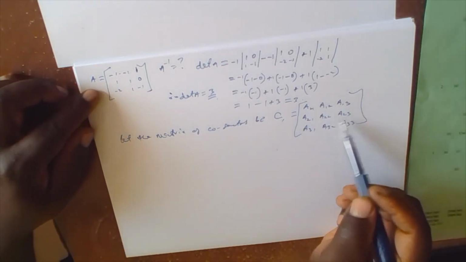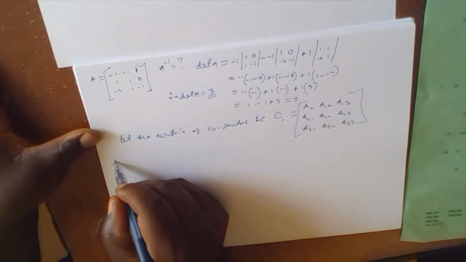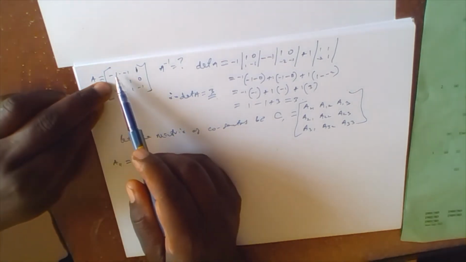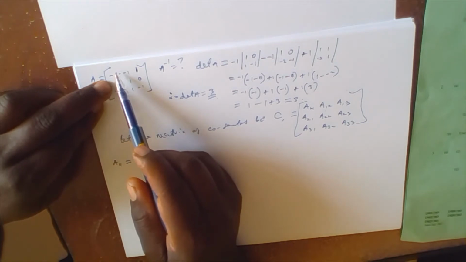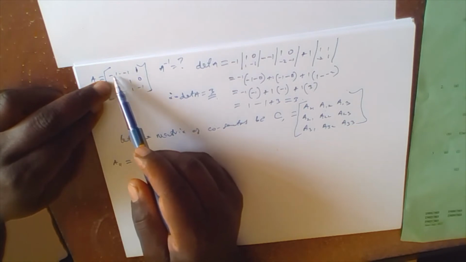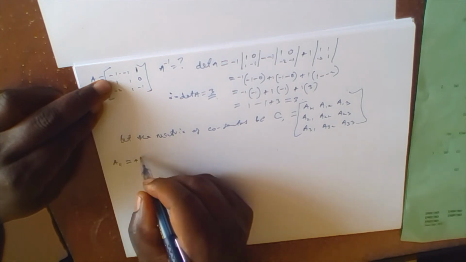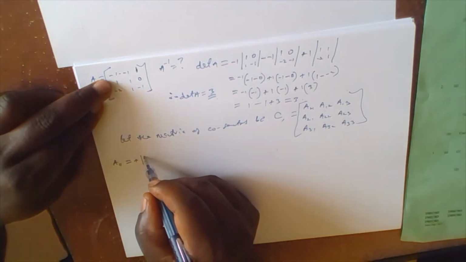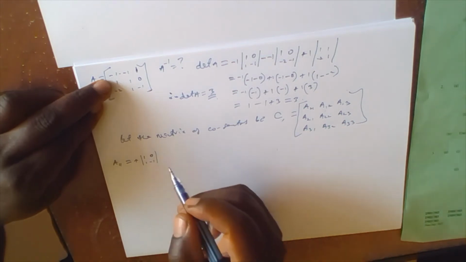Now we need to get all these values. A11 equals, now A11 is this one, and the place sign of this first element is positive, so we shall have positive, and then the minus of this element 1 is 1, 0, 1, negative 1.